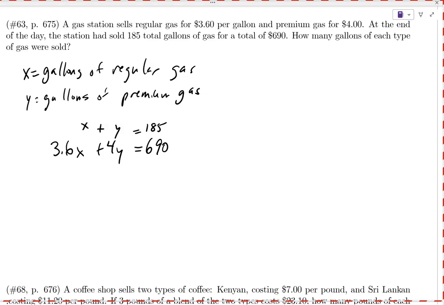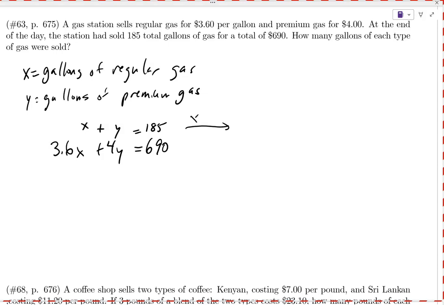Now we have two equations and two unknowns, so now we can solve it. Again, we can use substitution or elimination. Which would you prefer to use in this case? Okay, you can do substitution. So if you're going to use substitution, what do you need to do? Oh, well, I was thinking of the other one. You want to do the elimination instead? Okay. So what do you want to do for elimination then?